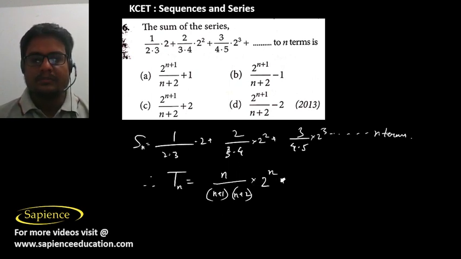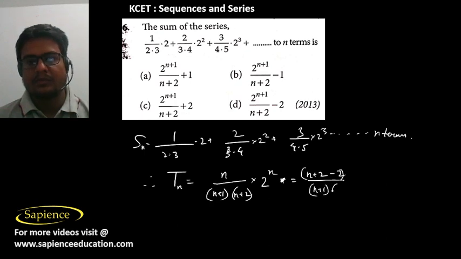So this can be written as (n plus 2 minus 2) by (n plus 1) into (n plus 2) into 2 power n.